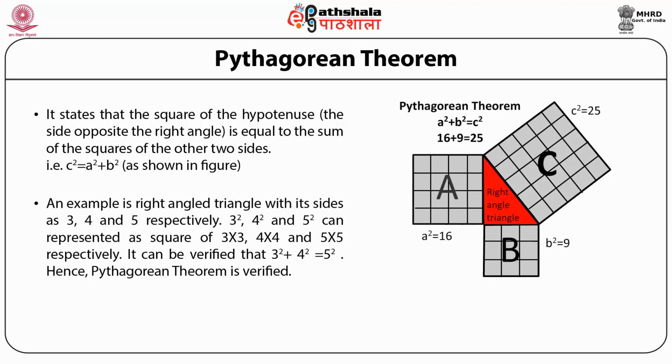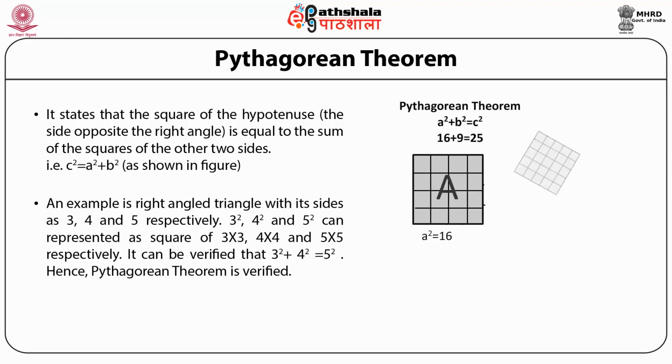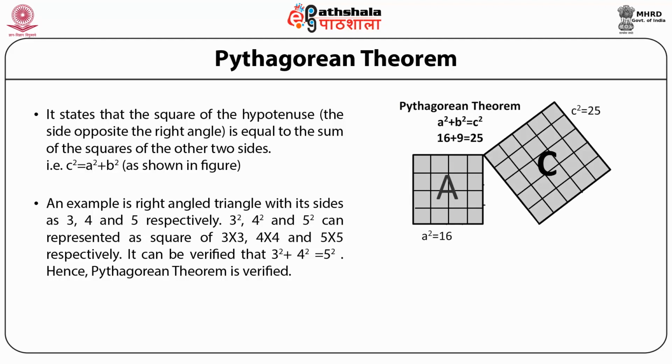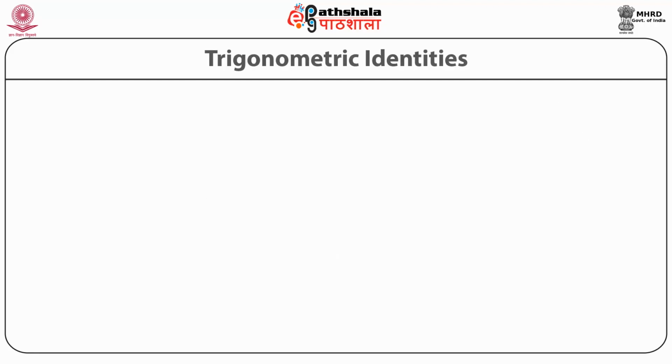Similarly, B squared is a square formed by taking one of the sides of the triangle as its side. Then the sum of the areas of A and B will be the same numerically as the area of C squared.